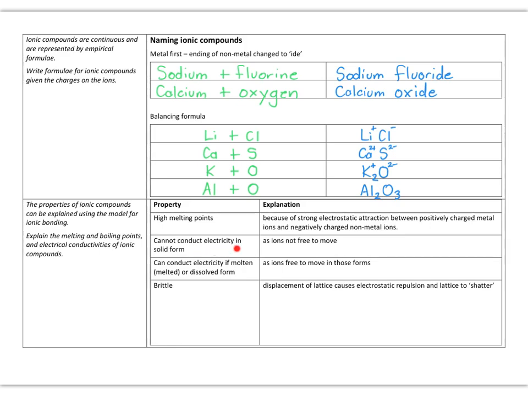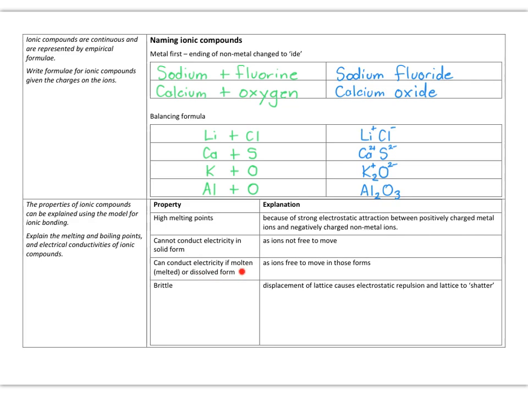They can't conduct electricity in their solid form, and that's as the ions are not free to move. So in the sodium chloride example, the sodium ions and the chloride ions can't move in the solid form, so they won't conduct electricity in the solid form.